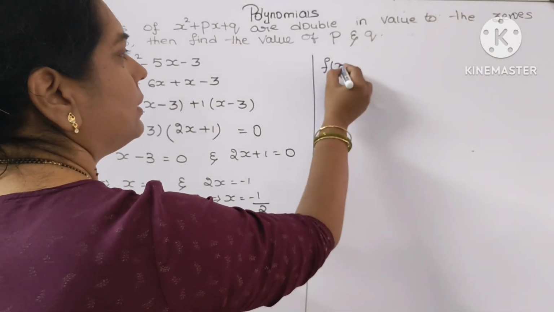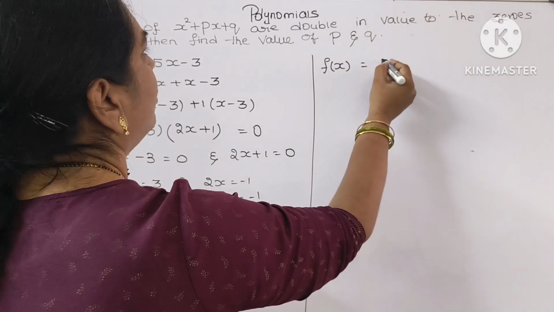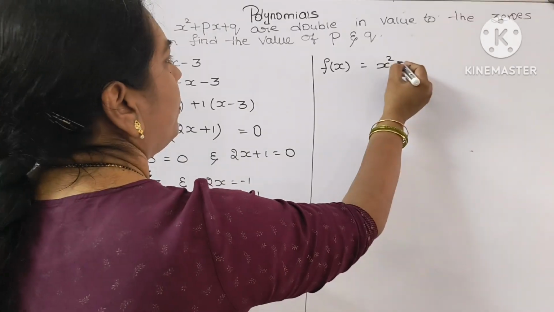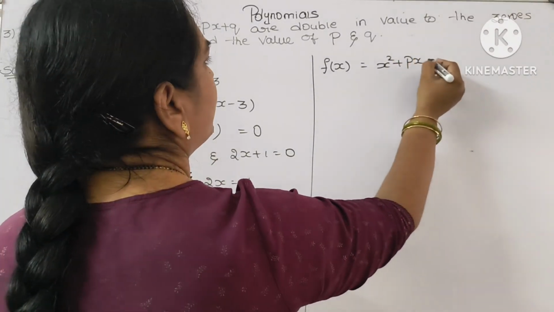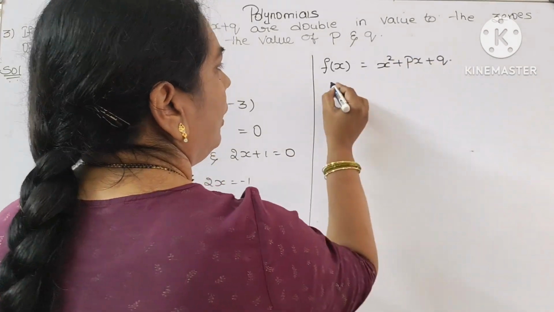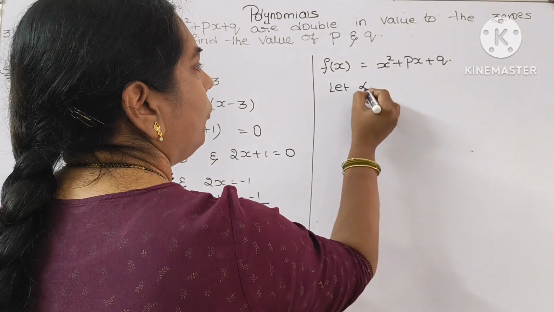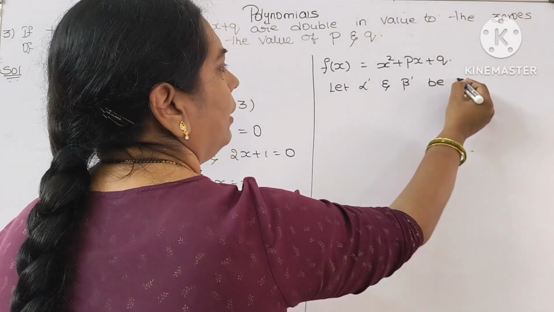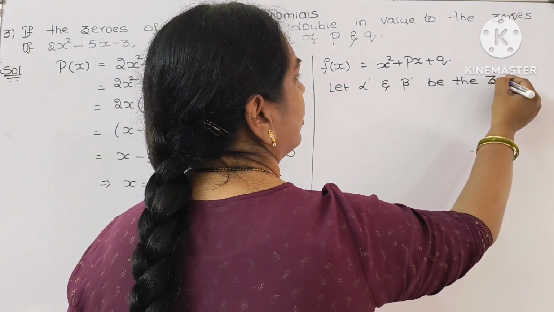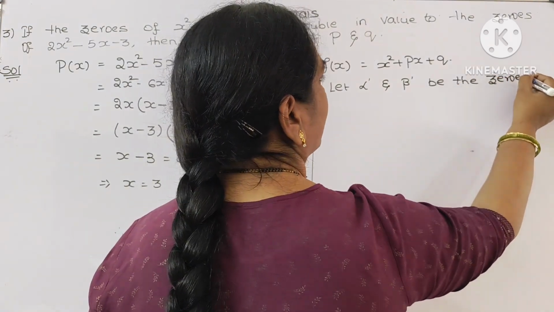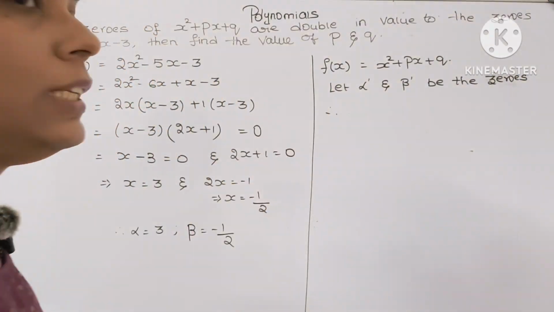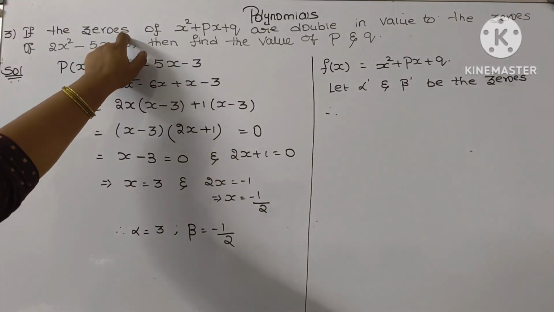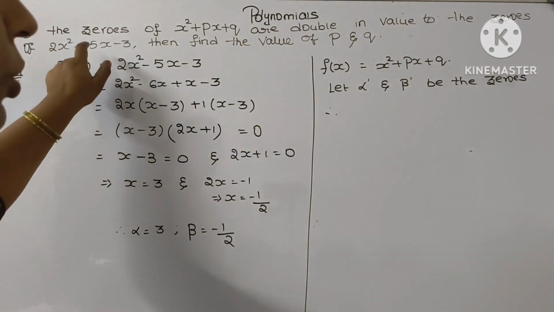Now, f of x is equal to x square plus p x plus q. Let alpha dash and beta dash be the zeros. Therefore, what is the condition? The zeros are double the zeros of this.